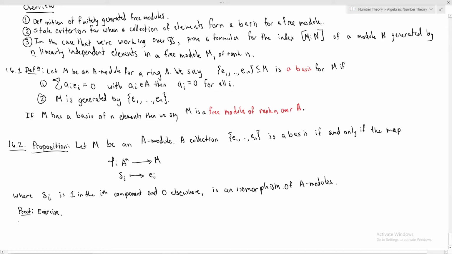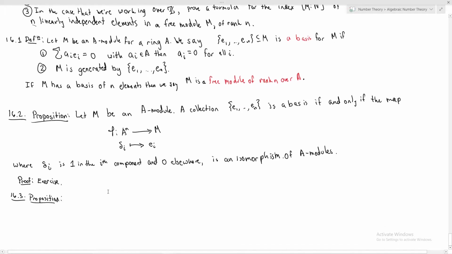So then the next proposition will be another thing that looks hopefully familiar from linear algebra. And this will tell you basically if I'm working in a free module already, how do I tell if a collection of elements is a basis? So I'm going to start with a basis.